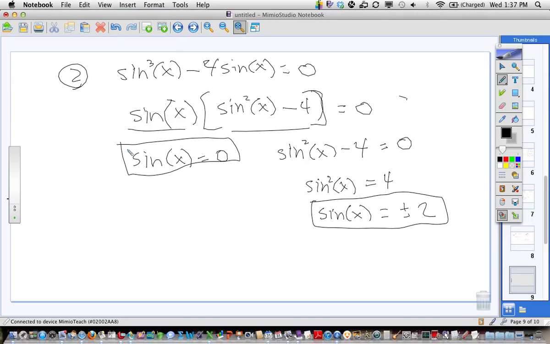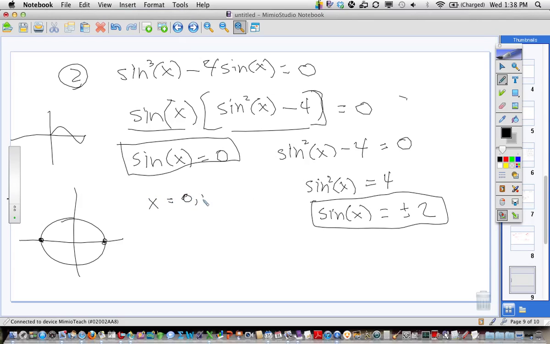So let's do sine x equals 0 first. Where does sine equal 0? We think of the unit circle. So it would be where the y is 0, which would be at 0, wouldn't it be at pi also? Now how do we write this?